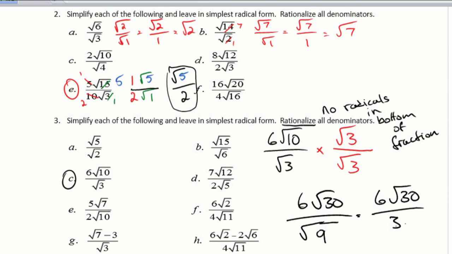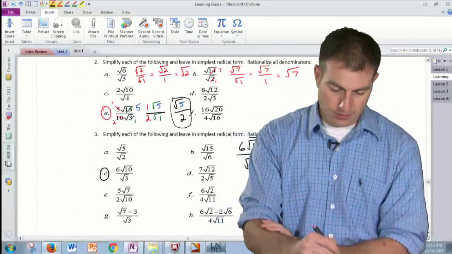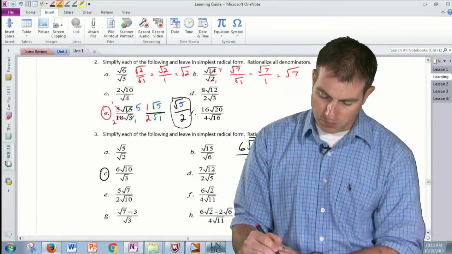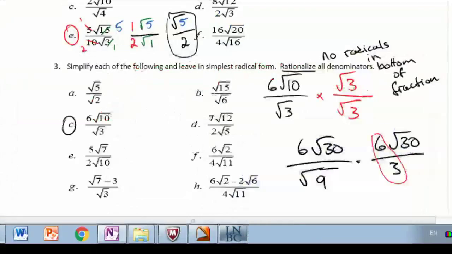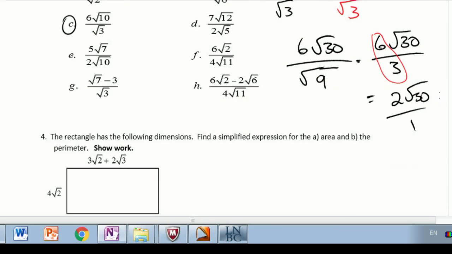Once I get the 3, I know that I need to simplify these, and 6 divided by 3 is going to give me 2 times the square root of 30. And this is all just over 1, but I'm not even going to write the 1 in because I don't need to.